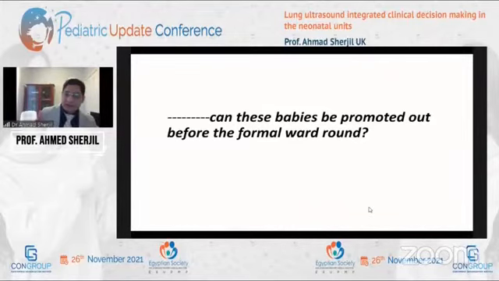But then you need some evidence and some courage to discharge them. In a conventional way, somebody may take another 6 hours, another 1 day. I feel that if the scan can give you even one early hour of being discharged or being sent out of the ITU into SCBU, that matters. It matters to organizing the day.